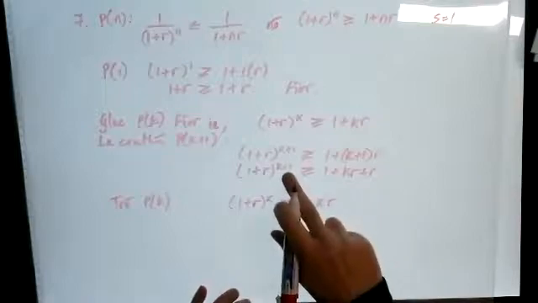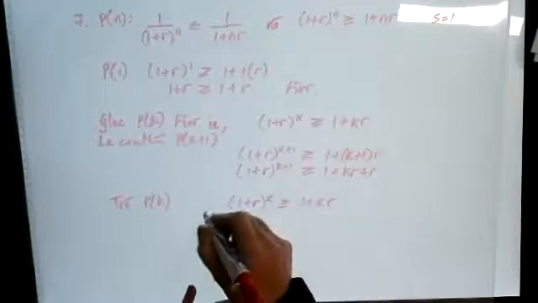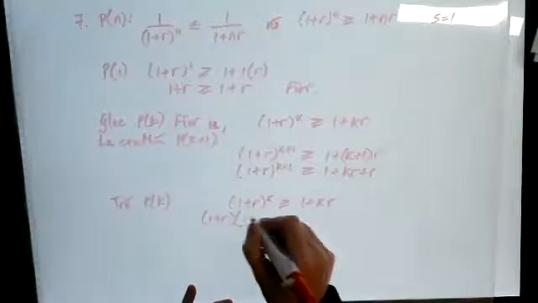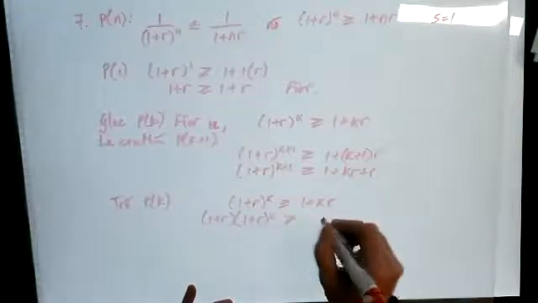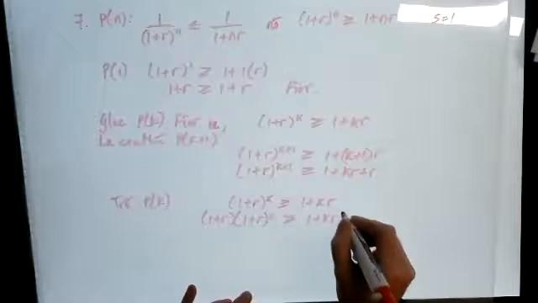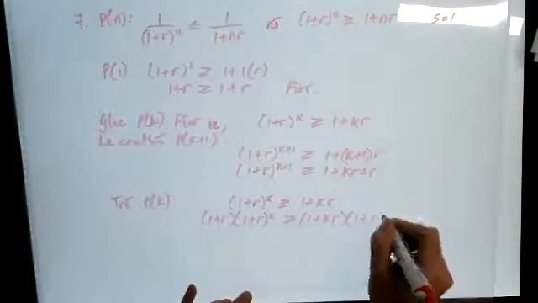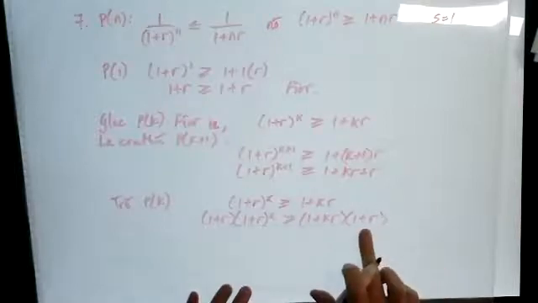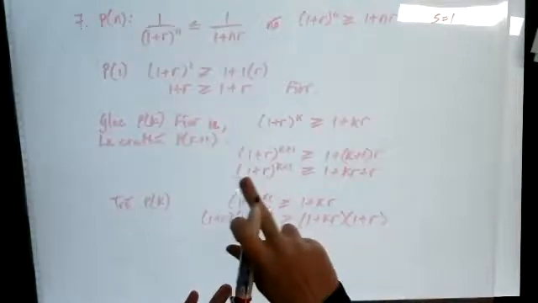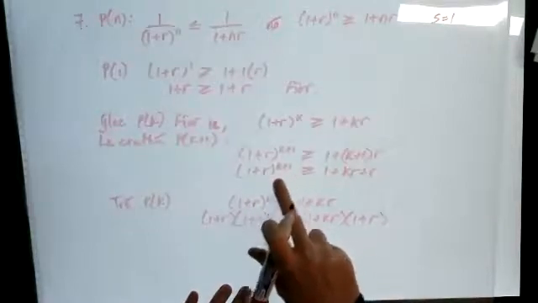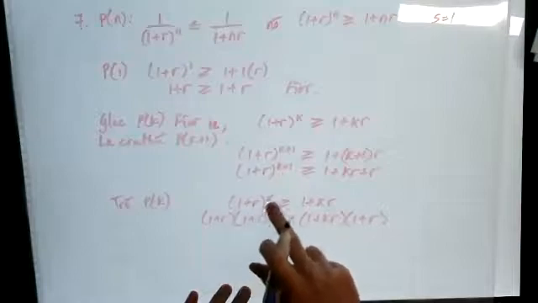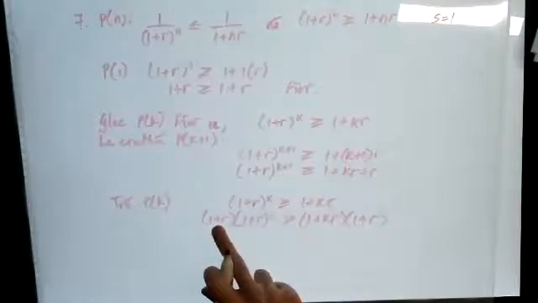And we multiply both sides by 1 plus r, so we need the extra factor of 1 plus r. Because 1 plus r to the power of k plus 1 means 1 plus r to the power of k times 1 plus r.